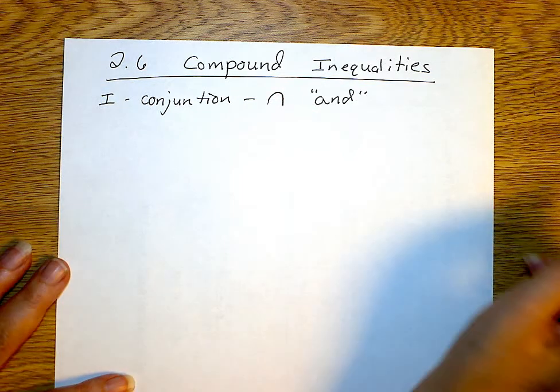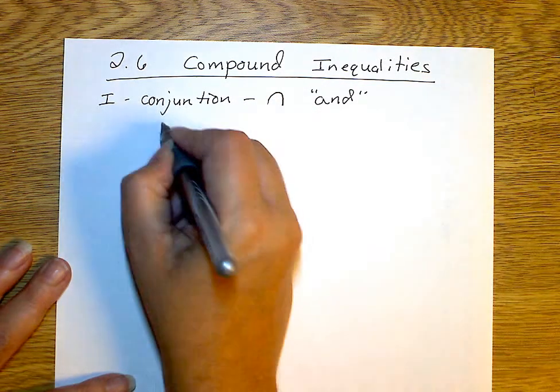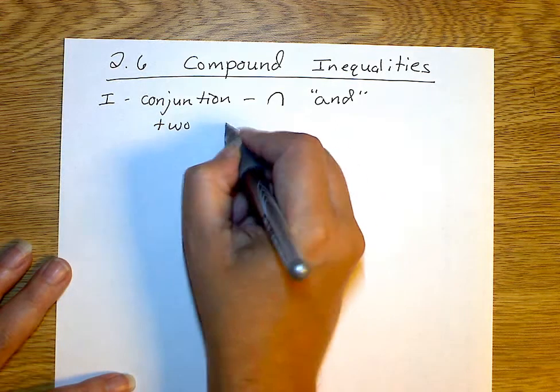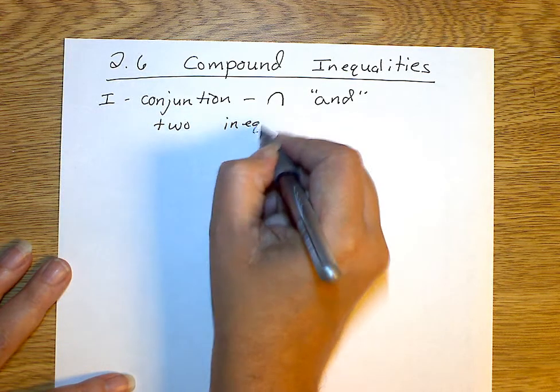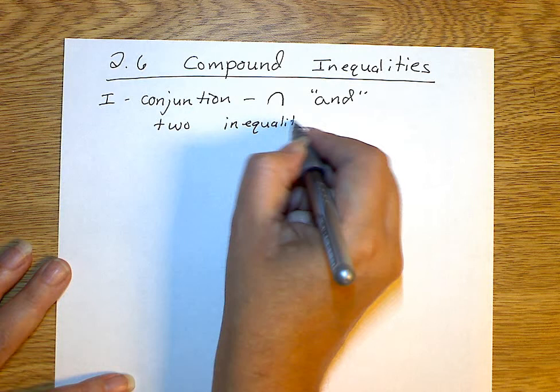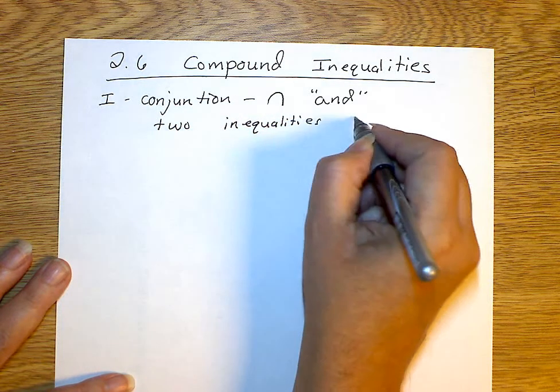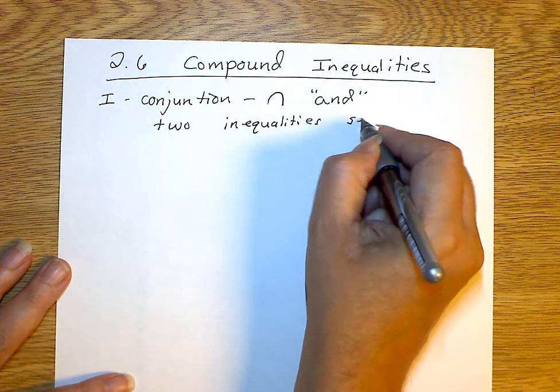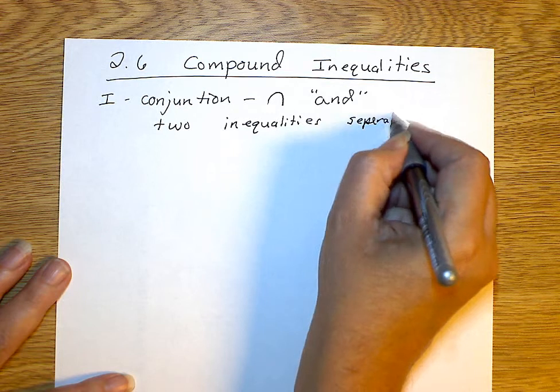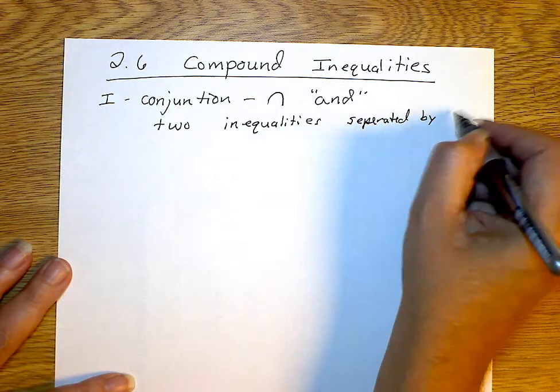So a conjunction is 2 inequalities separated by the word and.